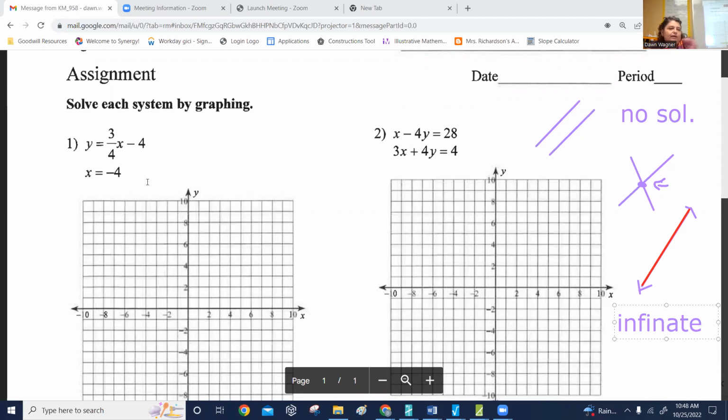And we have y equals 3/4x minus 4. This is in slope-intercept form. So I'm going to go, my b is a -4. And my slope is 3/4, which means I go up and to the right, unless it doesn't fit on the graph. But I think this one will fit on the graph. So I start at -4.